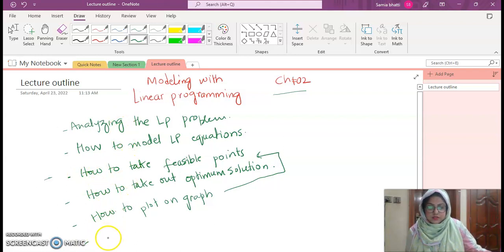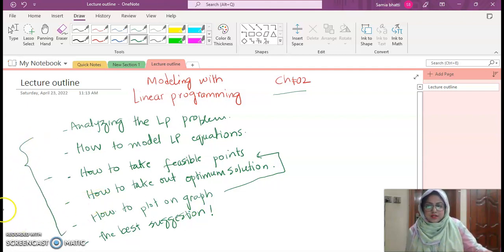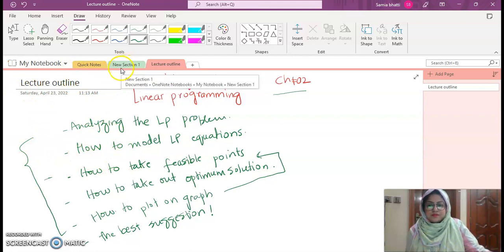When we put them in the objective function, we will be able to find the best suggestion for the firm that we are working for. So these are the things that we will be doing in today's lecture. All right, so this is just an overview of what we are going to achieve through this lecture.